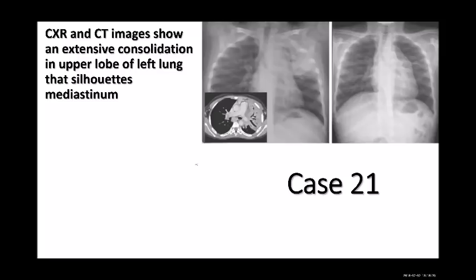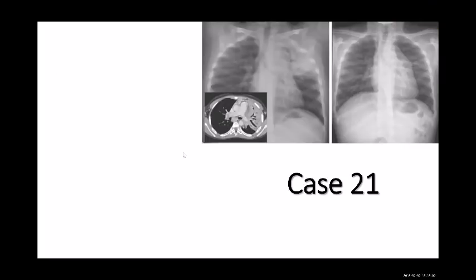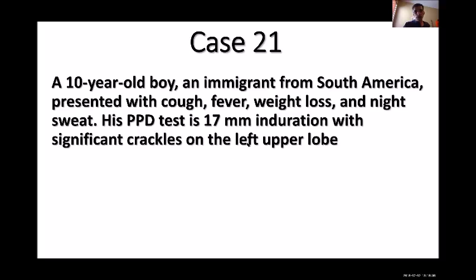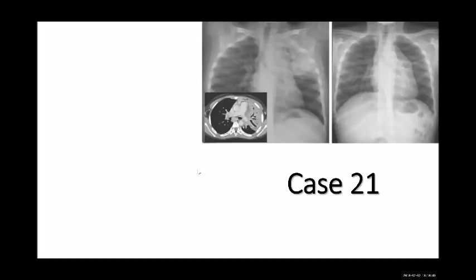Yeah, so here's the X-ray. Any comment? I'm gonna go back so you can read. It's crackles on the left upper lobe.